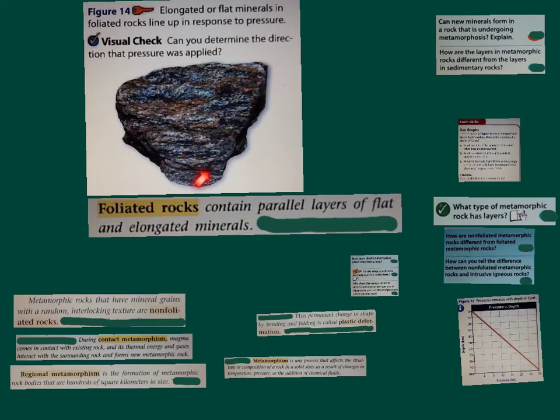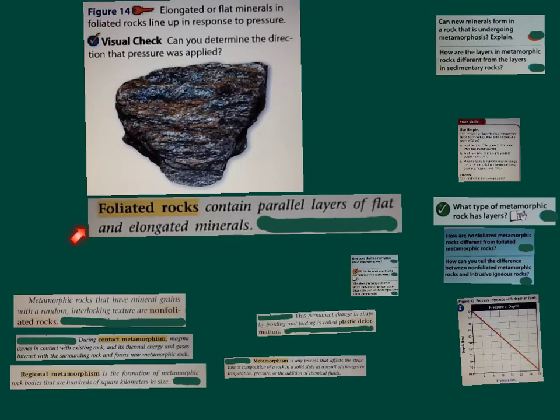Which means that the pressure, if you look at the visual check, can you determine the direction that the pressure was applied? The pressure was applied going down, so that these lines were to form, kind of like a pancake. Make sure you have your vocab word and definition written in your science journal, please.